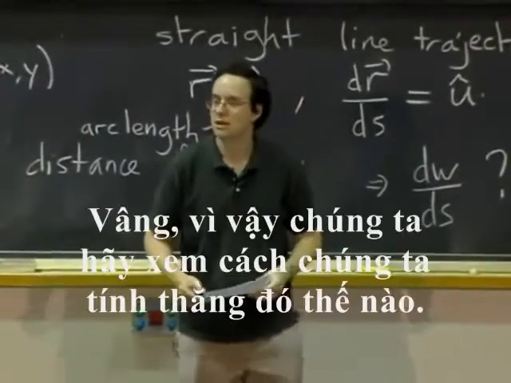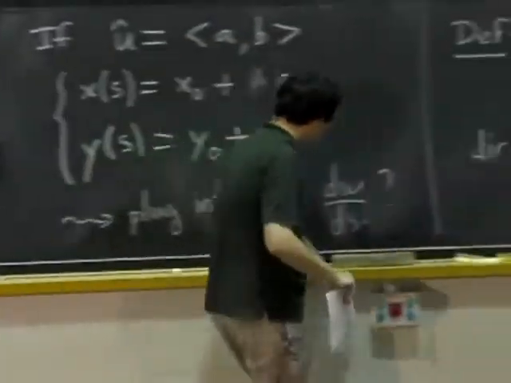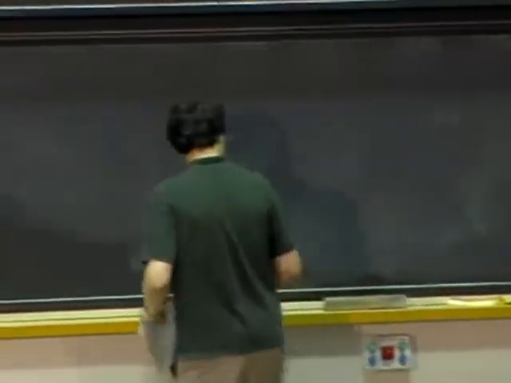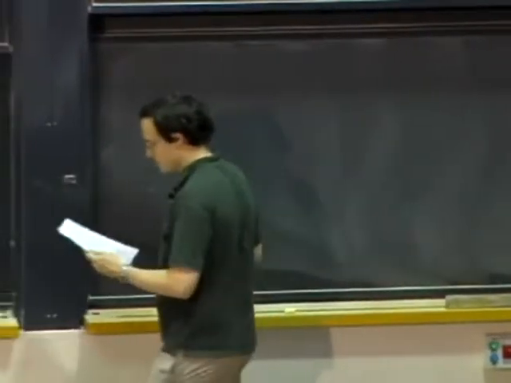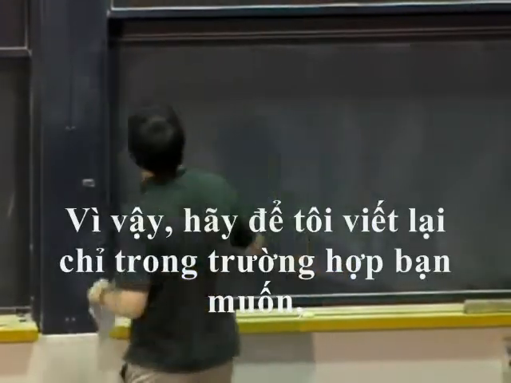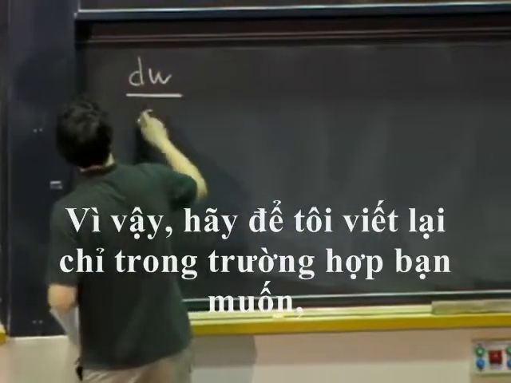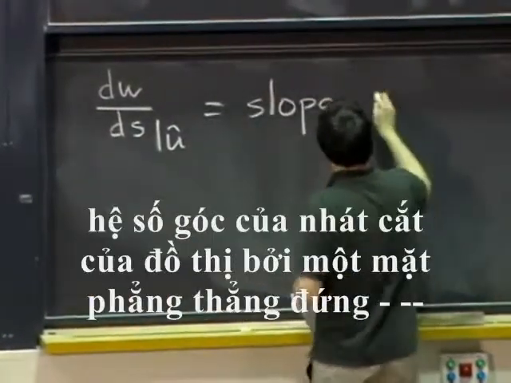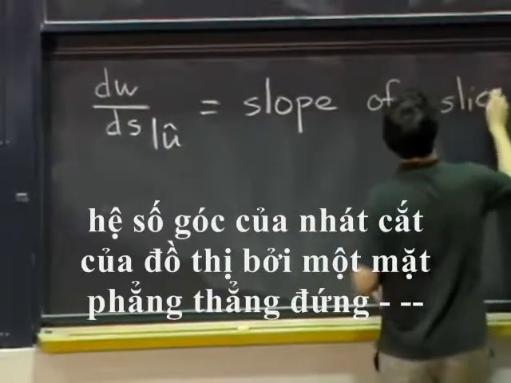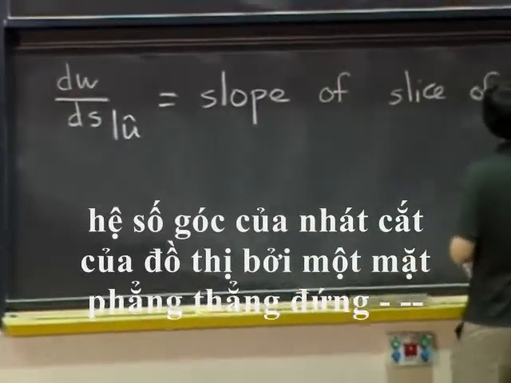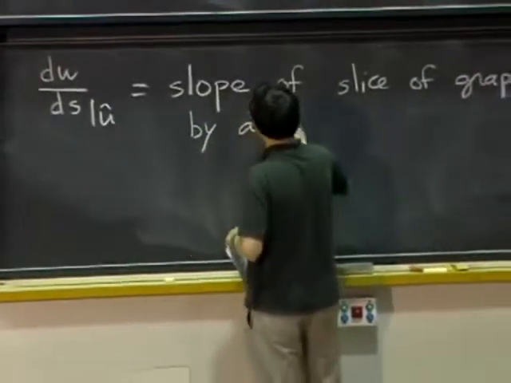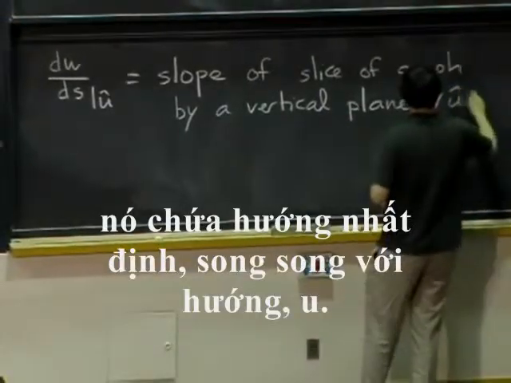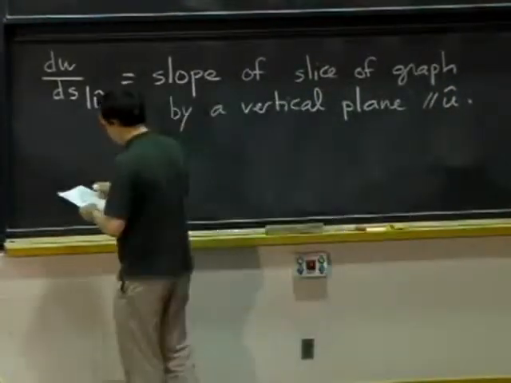No? Okay, so let's see how we compute that. So let me just write again, in case you didn't hear me, it's the slope of the slice of the graph by a vertical plane that contains the given direction u, that's parallel to the direction u.